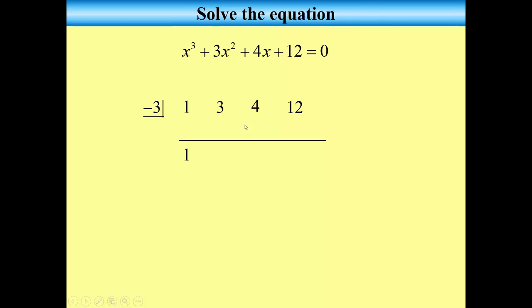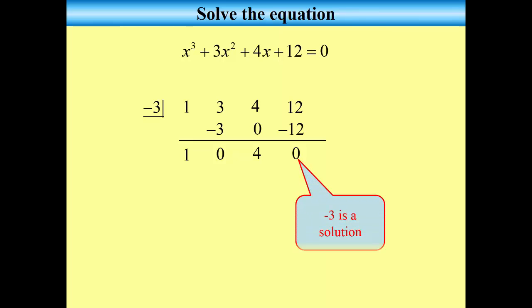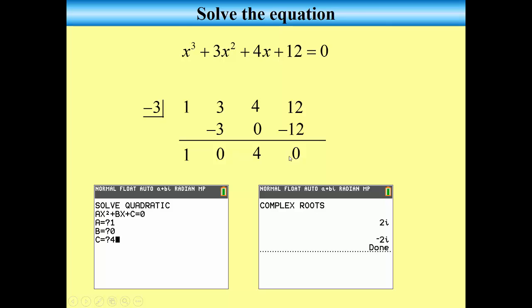We add, multiply, add, multiply, add, multiply, add. Now the significance of the 0 is, yes, -3 is indeed a solution. The significance of the other numbers is that we need to use the quadratic formula.